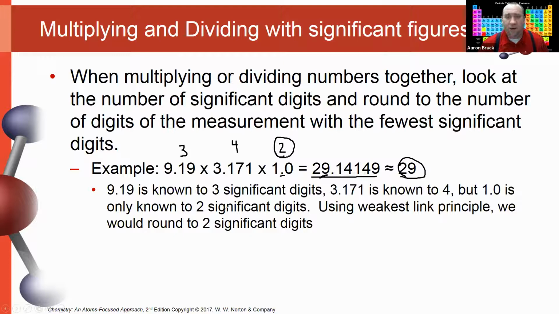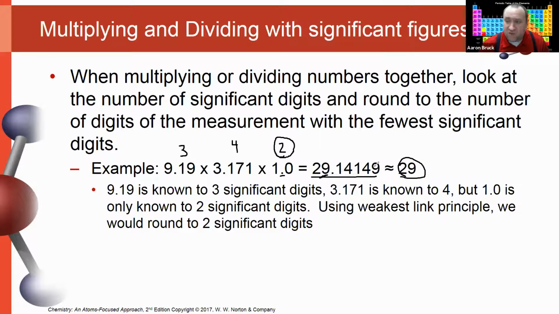So again, multiplying and dividing, far more simple than adding and subtracting in terms of getting the correct number of significant figures. Now, it's going to feel weird at first to basically chop off a whole bunch of numbers.